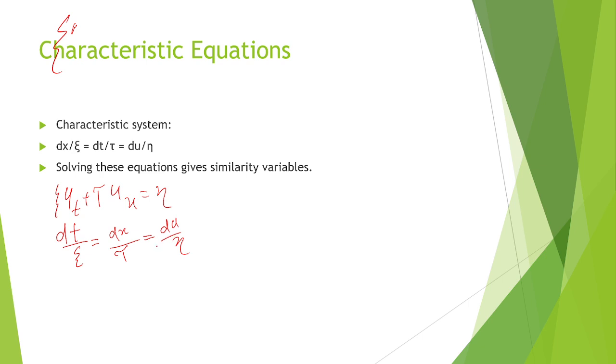Solving these equations, we can find the similarity variable if the generator is scaling. So the similarity variable corresponds to the particular generator which is called scaling symmetry. For all cases we solve this.